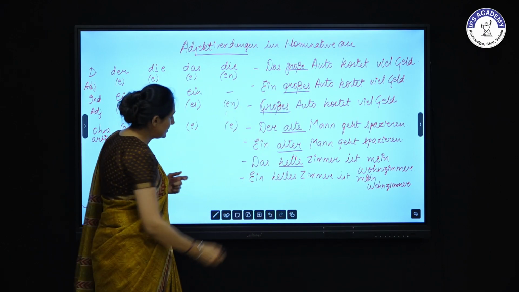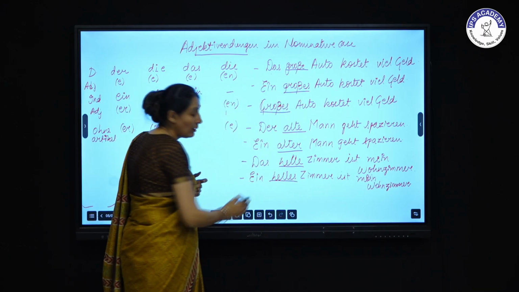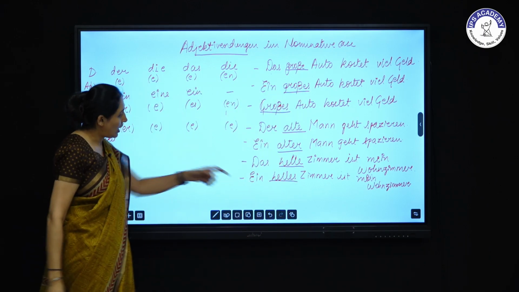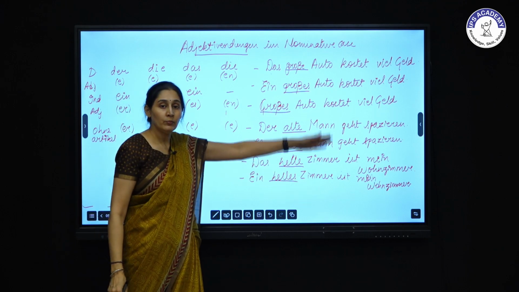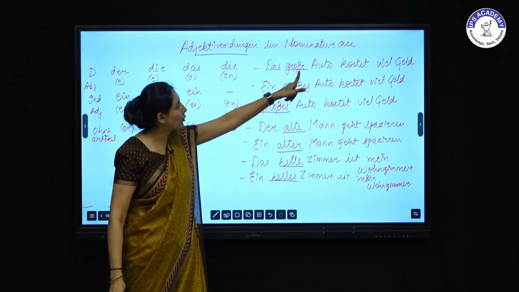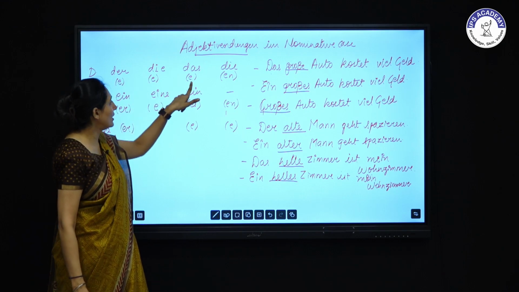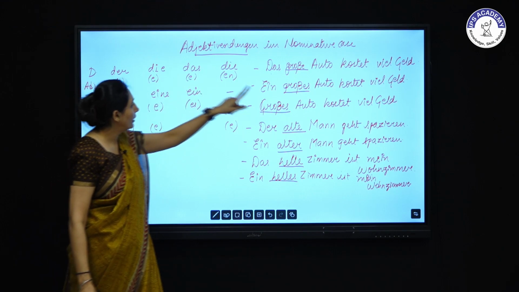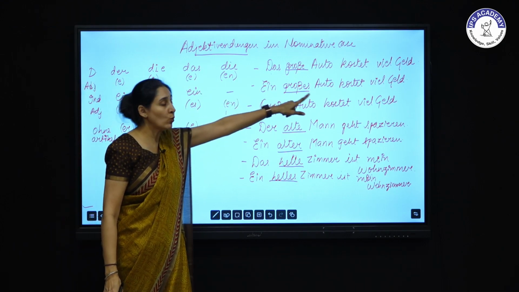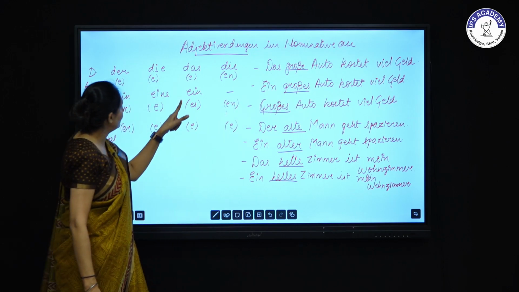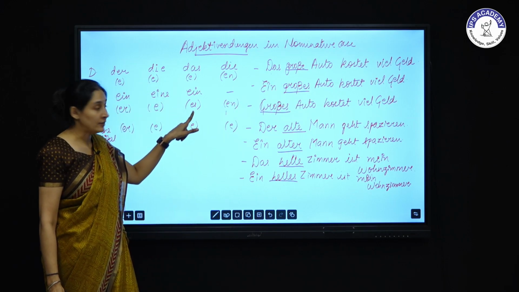So we can see here, our adjective endings are according to the particular noun form. Das große Auto. Why? Because with the das we have e here. When it comes to ein großes Auto, why? Because we have es here.